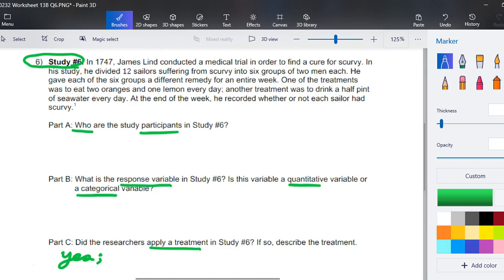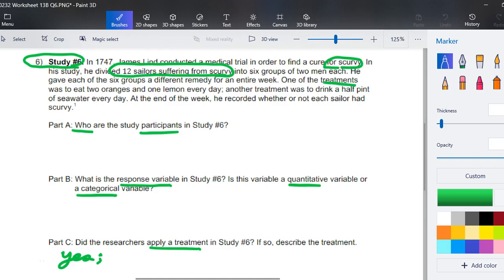In 1747, James Lind conducted a medical trial in order to find a cure for scurvy. In his study, he divided 12 sailors suffering from scurvy into 6 groups of 2 men each. He gave each of the 6 groups a different remedy for an entire week.